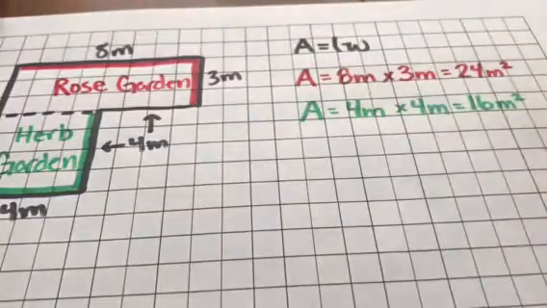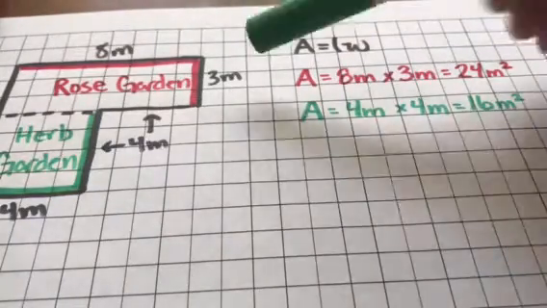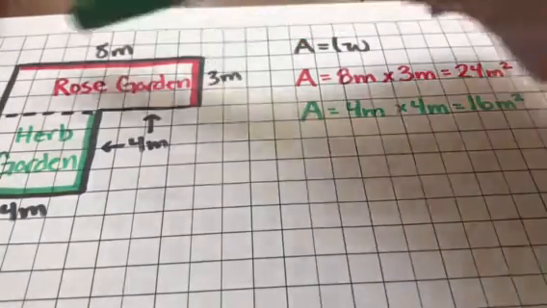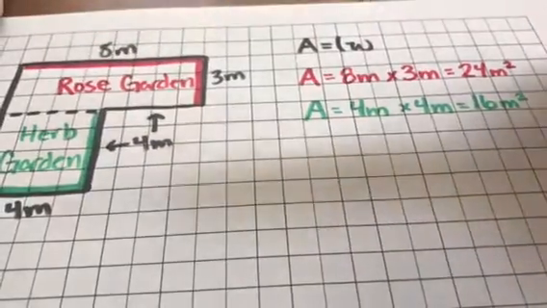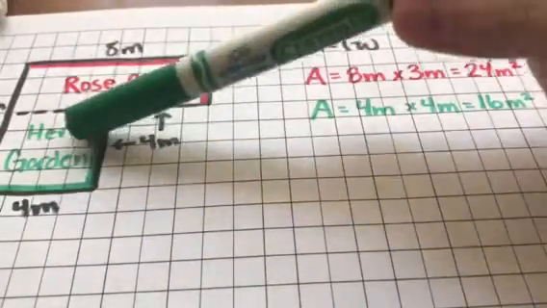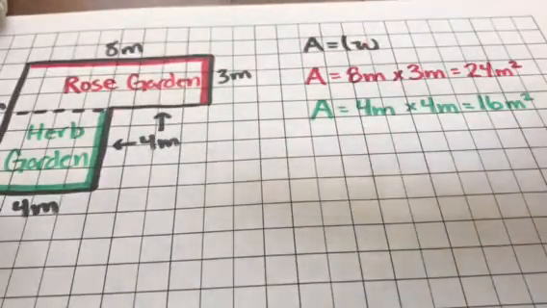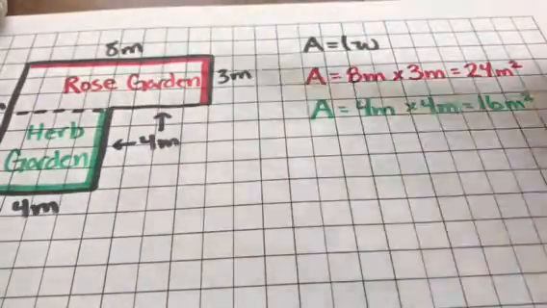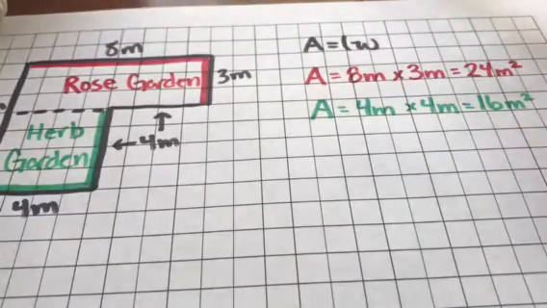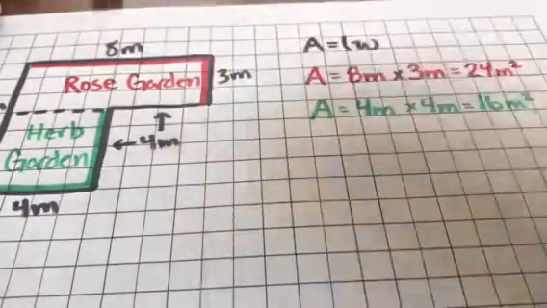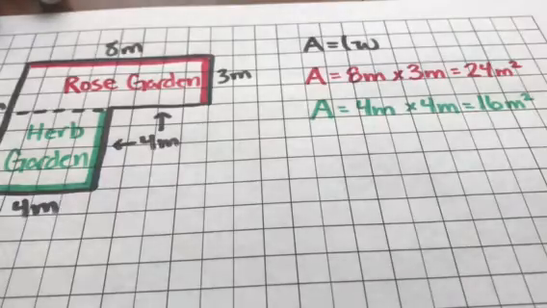So now, I'm not done. I found the area of the top rectangle, and I found the area of the bottom square. Now, how are we going to find the total area of the whole rectilinear shape? Well, what operation do you think we'll use? Right, addition.